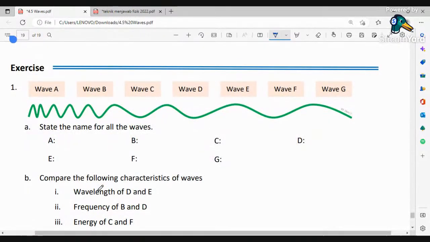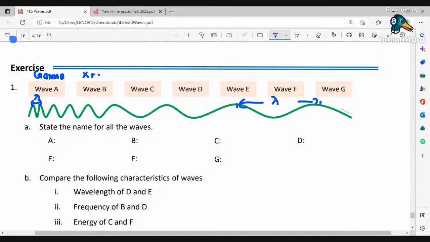Look at the exercise. We have waves A, B, C, D, E, F, G. State the name for all the waves. Here you can see shorter wavelength, crest to crest is lambda. Longer wavelength. Arrange from shorter wavelength to longer wavelength, must start from gamma.